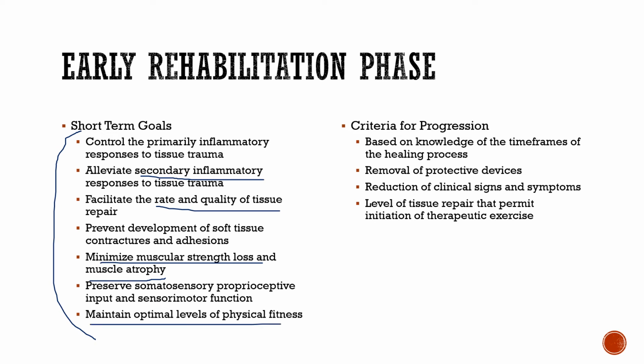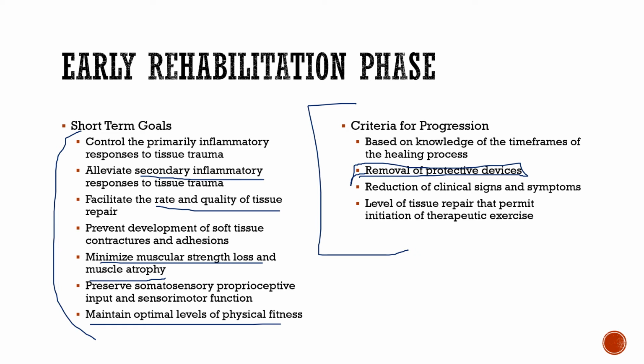And then you can see how we're maintaining optimal levels of fitness throughout. This has a nice progression in there, where at this point, in order to leave the early rehabilitation, one of the big things, right, is we have to be able to know that the tissue can support increasing level of tensile stresses, so the protective devices should be there.